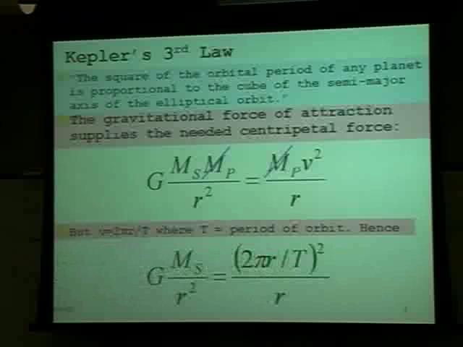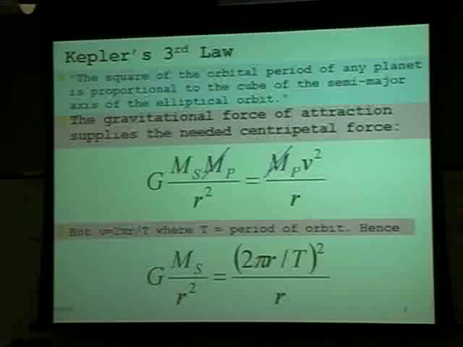note that the velocity of the planet is going to equal the circumference of the orbit, 2 pi r, divided by the period of time it takes to cover that. Then I substitute 2 pi r over T for the velocity and solve for the period.